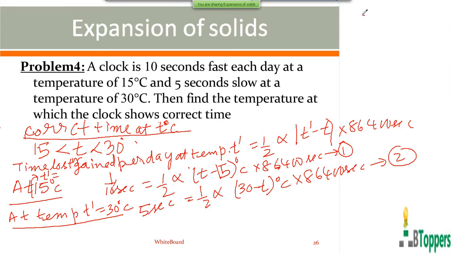So if you divide equation 1 with equation 2, 10 by 5 equals t minus 15 by 30 minus t.